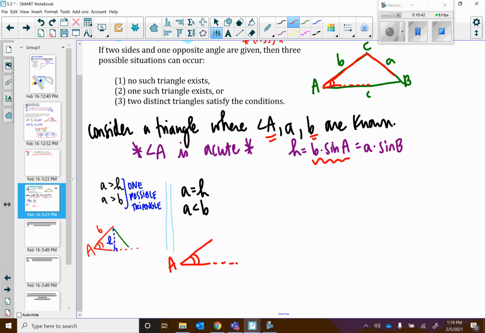We have side B, which is some length, and then we have the height of this triangle, which is equal to side A. Well, notice what we have there. We have one triangle. There's one possible solution here, and it is a right triangle. One right triangle.